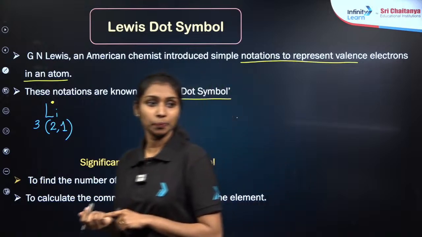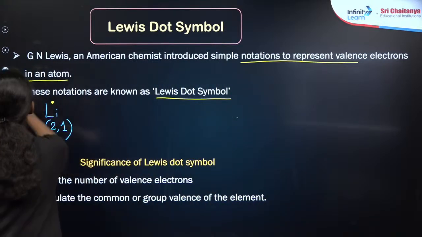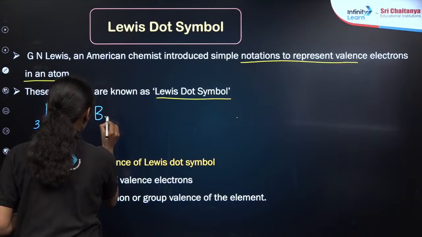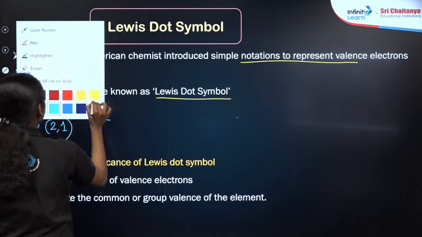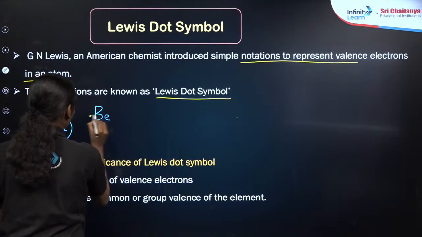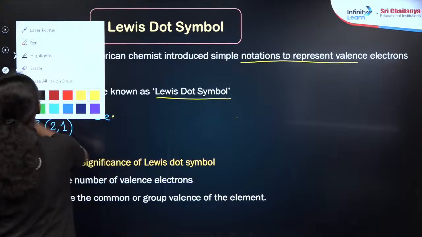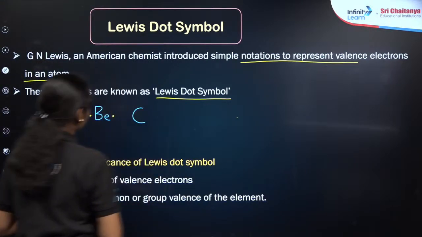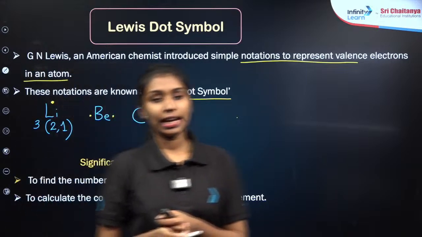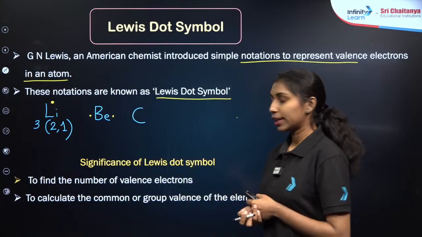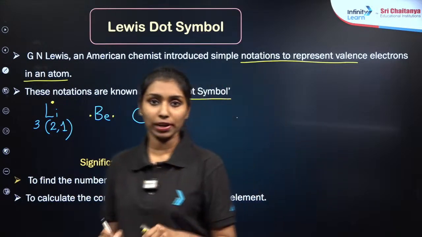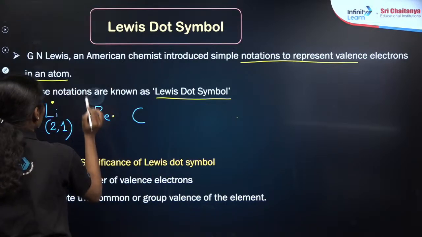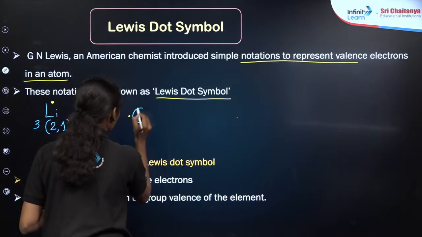Similarly, I can represent beryllium as 2 dots, right? Because it contains 2 valence electrons. What about carbon? Atomic number is 6 and electronic configuration is 2, 4. It contains 4 valence electrons, so I represent the valence electrons by 4 dots over here.